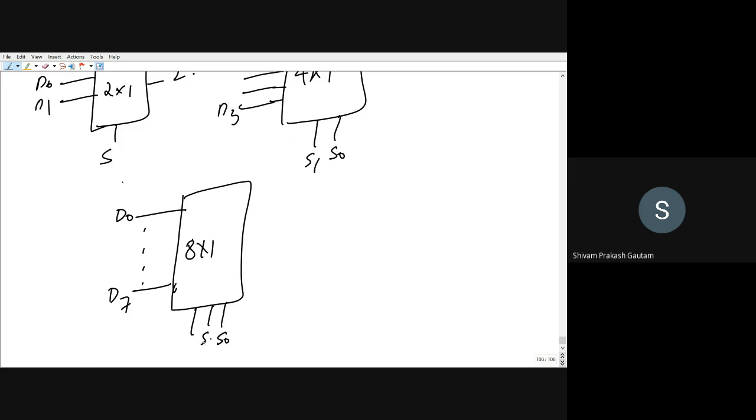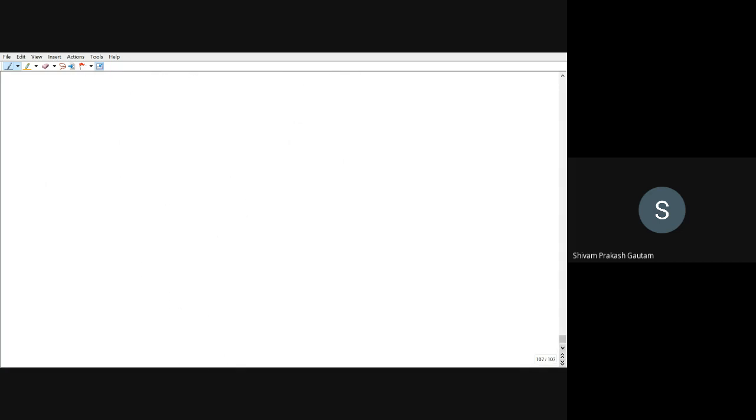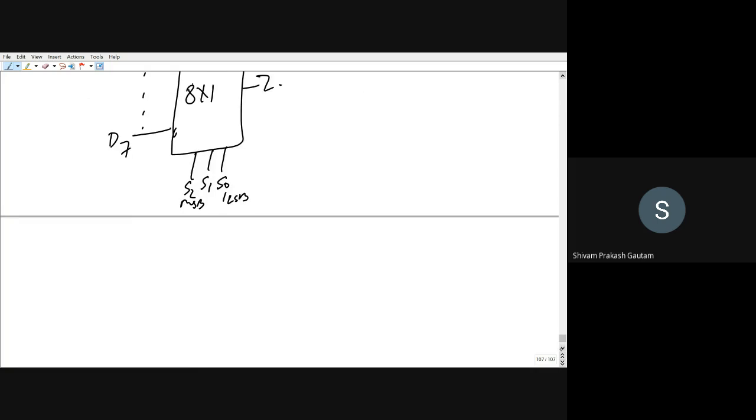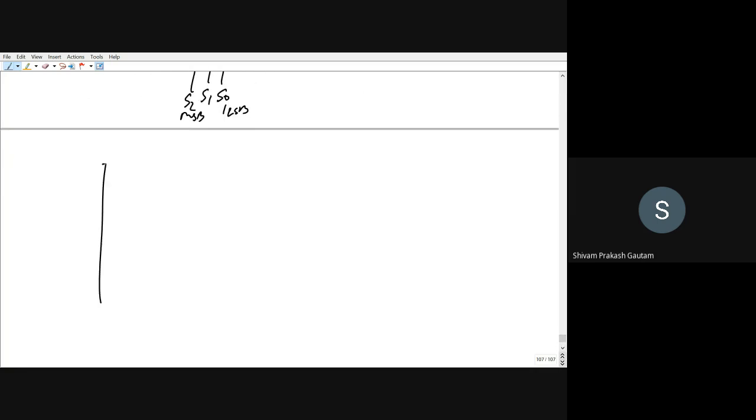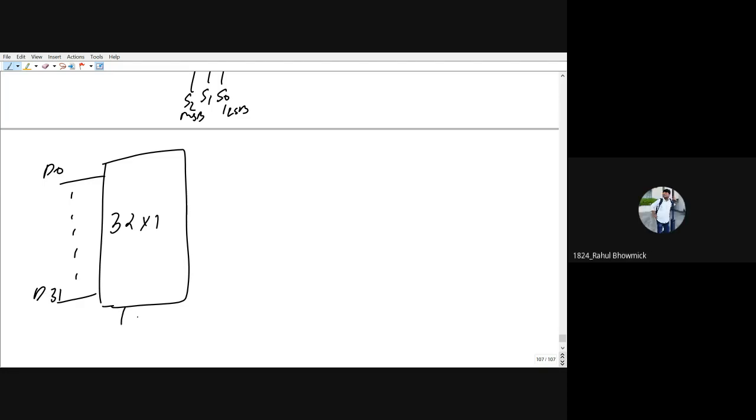You can call them S0, S1, and S2, where this is LSB and this is MSB, and this is our output Z. For 32x1, we will have 32 inputs, D0 to D31. And how many select lines will there be? 5. So S0, S1, S2, S3, S4, and the output will be Z.